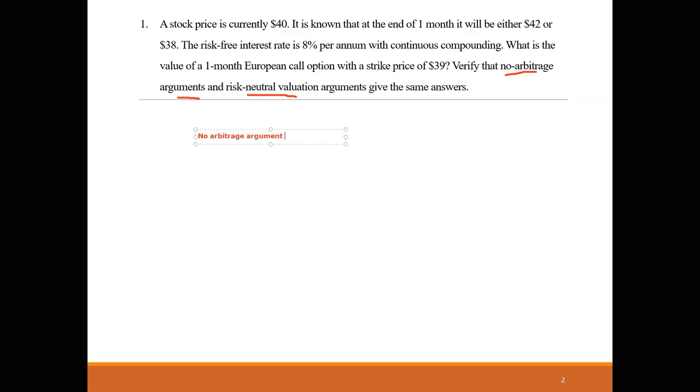We know for sure what the value would be, so the value of the portfolio will not be impacted by changes in the stock price. The value of the portfolio is independent of the stock price.